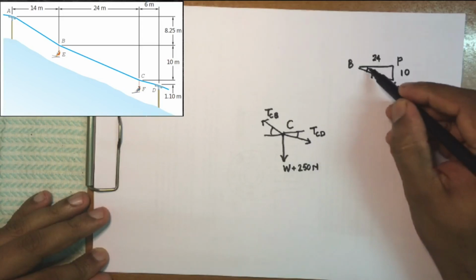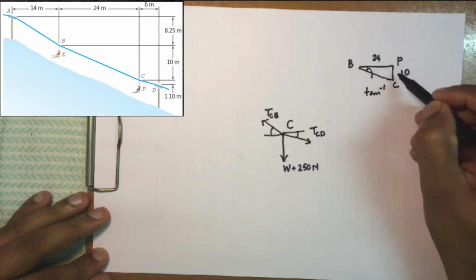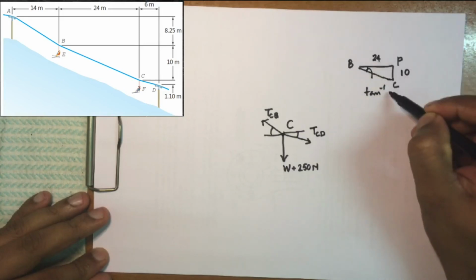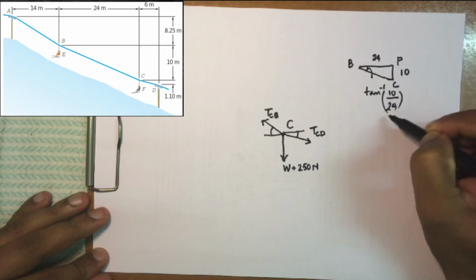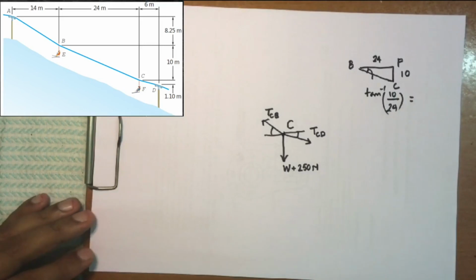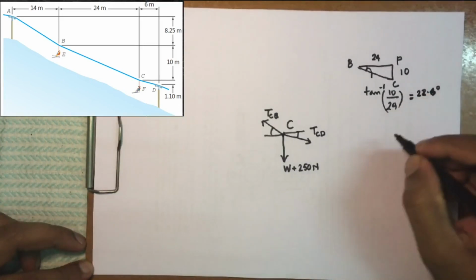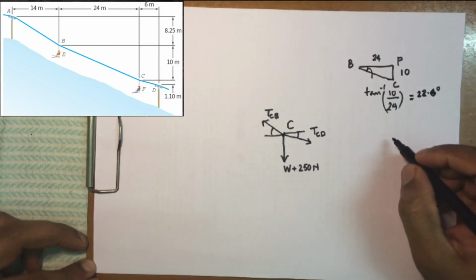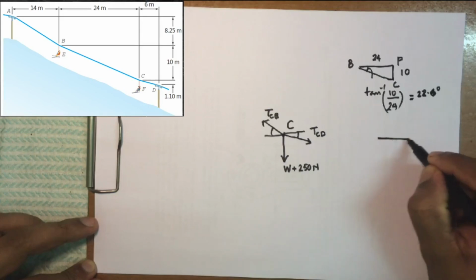To find that angle, you have to just put tan inverse of opposite side by adjacent side, that is 10 divided by 24, which is equal to 22.6 degrees. Now coming to the other angle that I have to find, for that, I'll construct another triangle here.